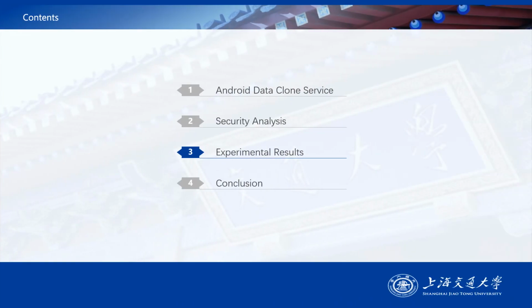Following the previous analysis, next, I will present our investigation results of 8 popular data clone services and report our discovered security flaws.